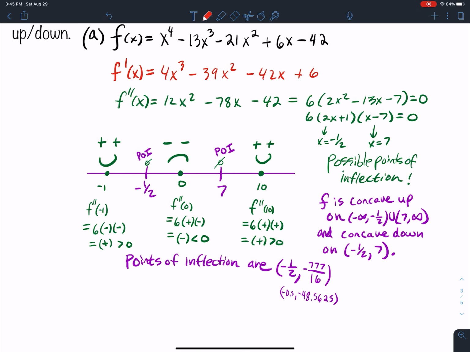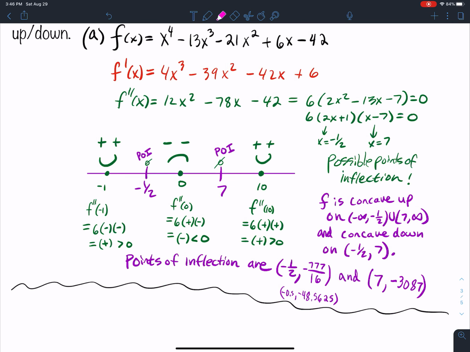In decimal form, it's negative 48.5625. So the point is negative 1/2, comma, negative 48.5625. The other one has an x value of 7 because I'm changing from negative concavity to positive concavity here. And so it's 7, comma, and then I plug in f of 7. So I put a 7 in all those places for x, and it outputs negative 3087. Okay?